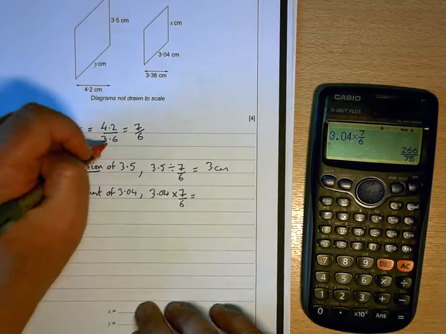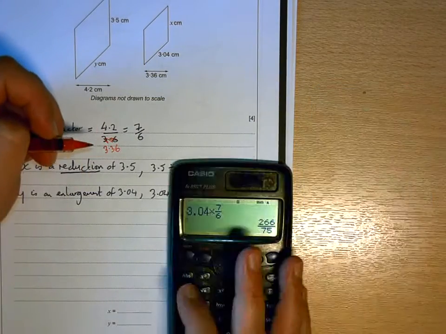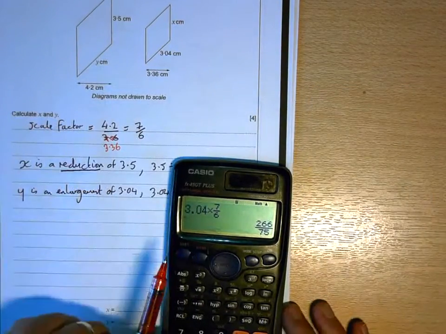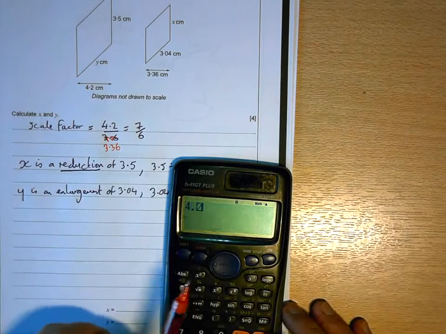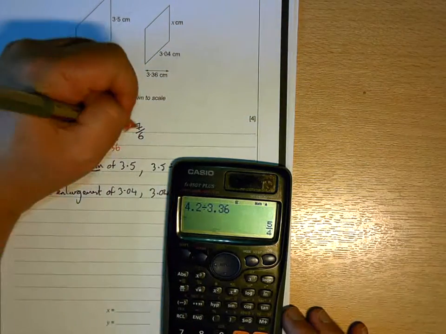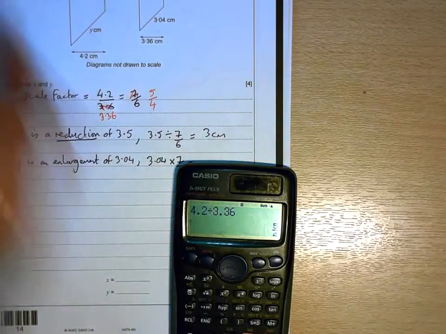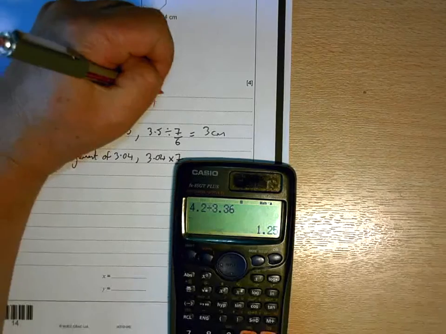So I'm going wrong here, so let me make these changes. 3.36, 4.2 divided by 3.36, 4.2 divided by 3.36 is 5/4. So the scale factor is 5/4, which is 1.25.